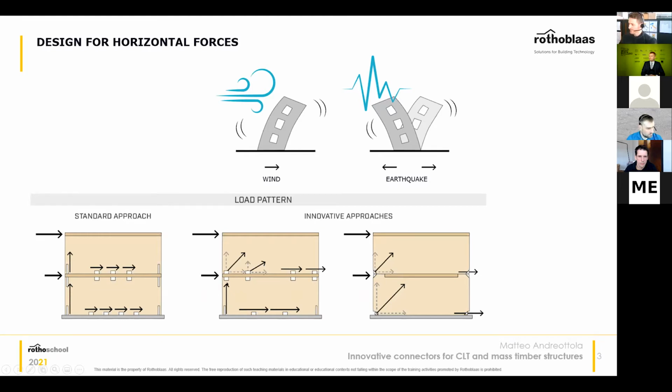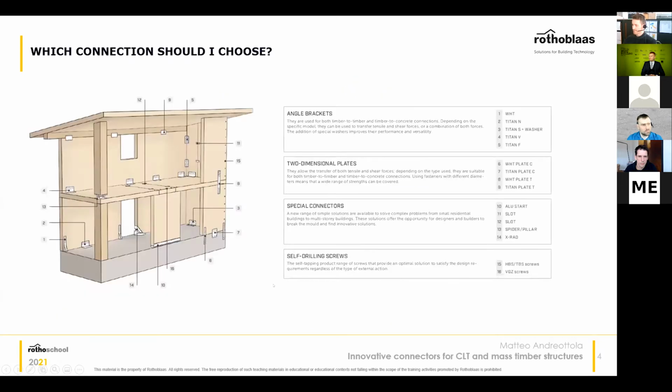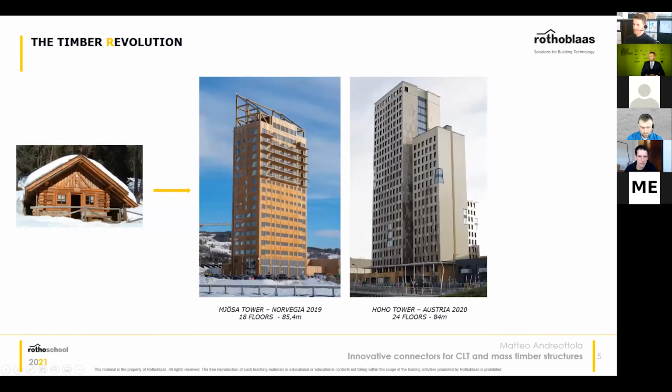A more innovative approach to do the shear connection, a tensile connection of a shear wall is having a connector which can support both the tension forces and the shear forces. And I'm going to present as well a lot of other connectors, and hopefully at the end of the presentation you will be able to choose the correct connector for each situation in your CLT building.